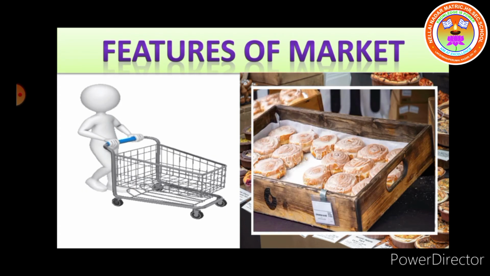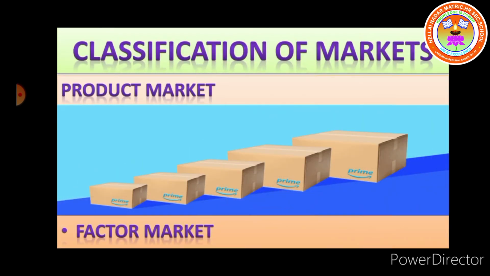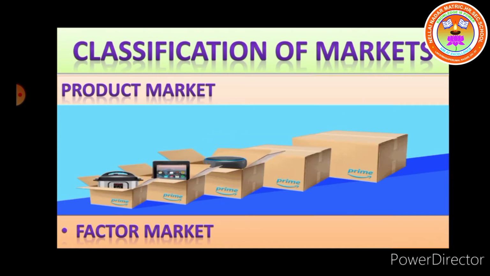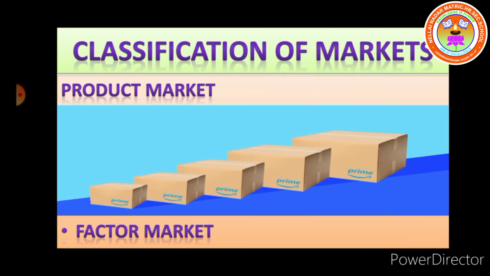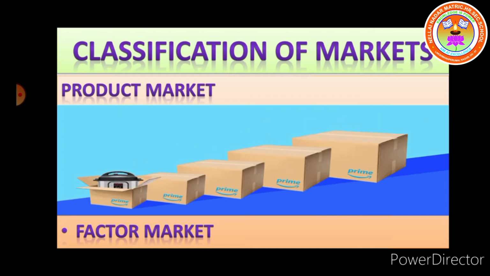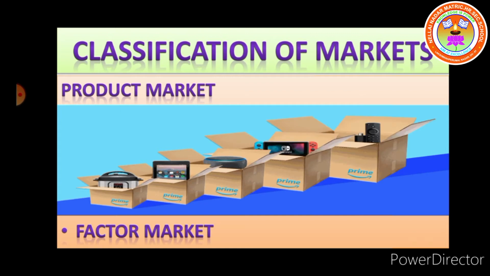Okay? Next, let us see classification of markets. Broadly, there are 2 classifications of markets, the product market and the factor market. The product market is the marketplace where final goods and services are sold.